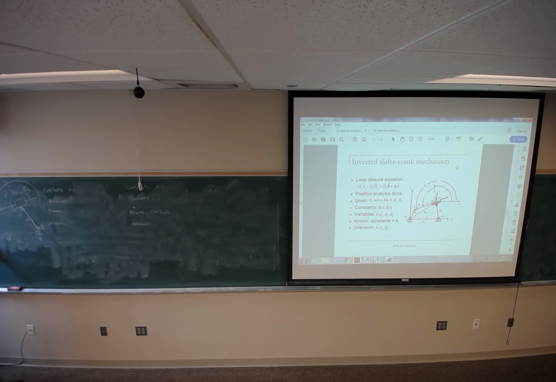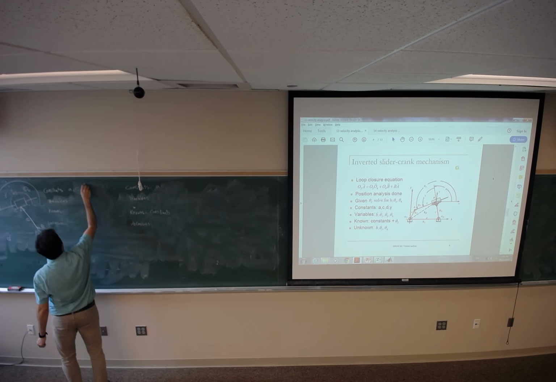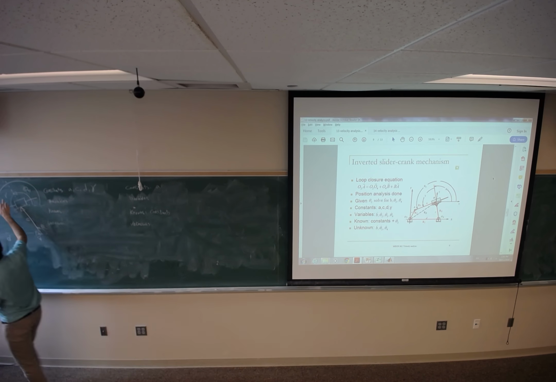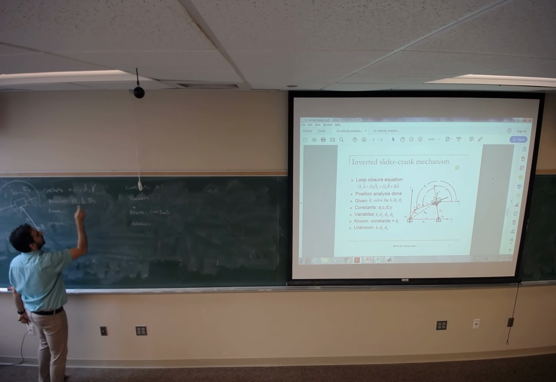In displacement analysis, A was constant, C is constant, D is constant, and gamma is constant. This angle is constant. B is varying because the location of the slider is moving. Variables are theta 2, B, theta 3, and theta 4.